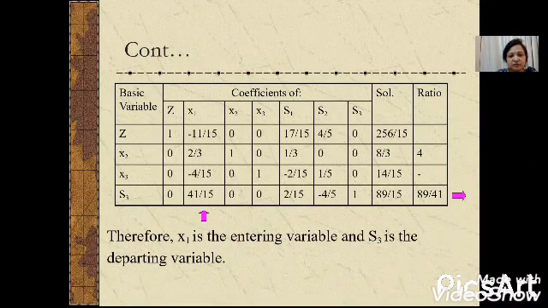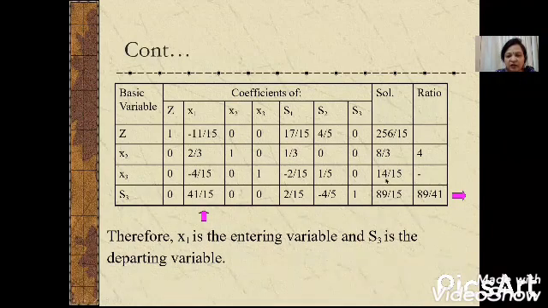Again here, we obtain that x1 is most negative. So in this case, x1 is the entering variable. Now we obtain the ratio of the solution column to the x1 column, and for the minimum ratio, we have to consider only positive ratios, not negative.